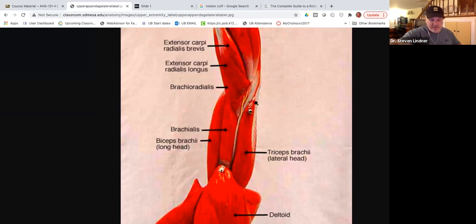Extend the elbow. They do opposites. Now, the biceps do one other thing at the elbow. The biceps supinate.